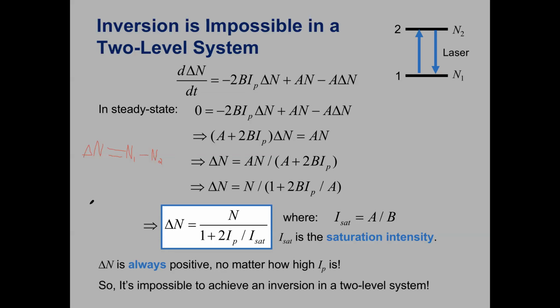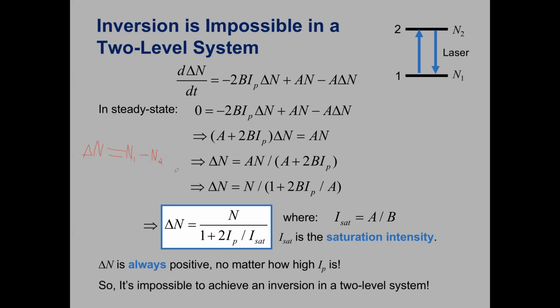Do you guys have any questions on the conclusion I'm drawing, that delta n has to always be positive, which means there's no inversion? I encourage you to go back later once the slides are posted and follow your way through the algebra, to check my work.